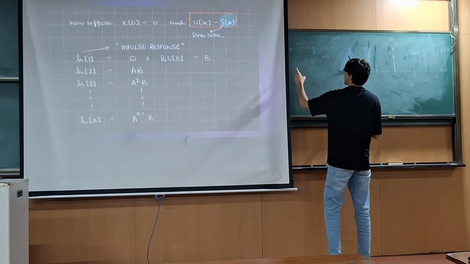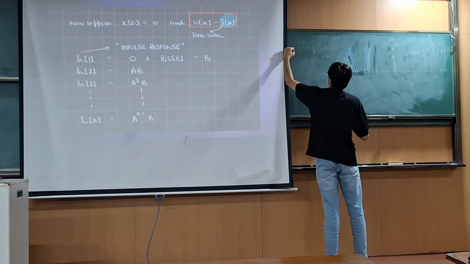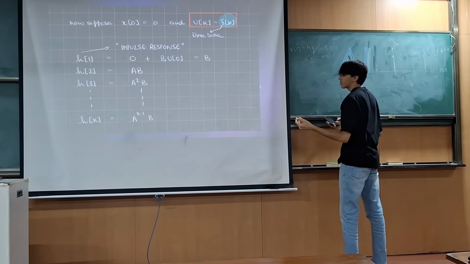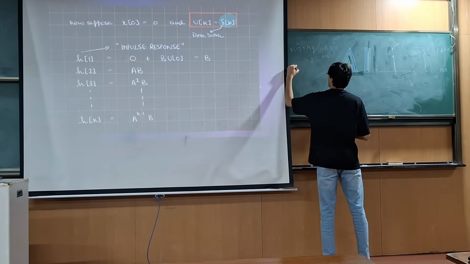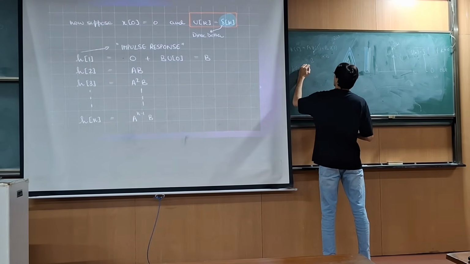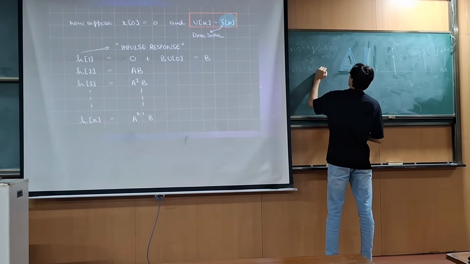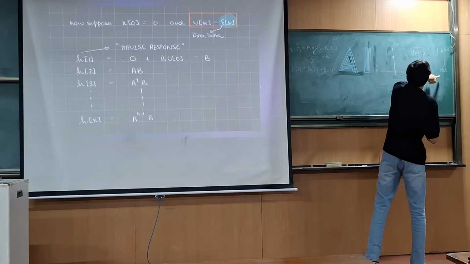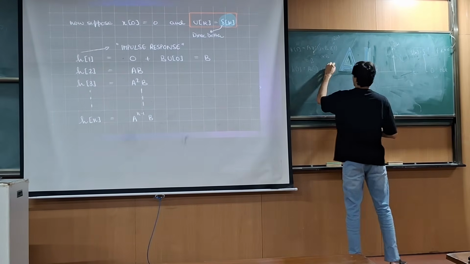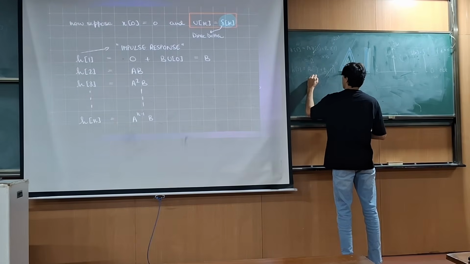So now this is x of 1. I'll give this x a special name, h, because we're giving the Dirac delta. It's called the impulse response. We'll see why it's important. Now h of 2 is A times h of 1 plus B times u of 1. Now u of 1 is 0, because everywhere except 0 the delta is 0. h of 1 we got from here, which is B. So we get AB.